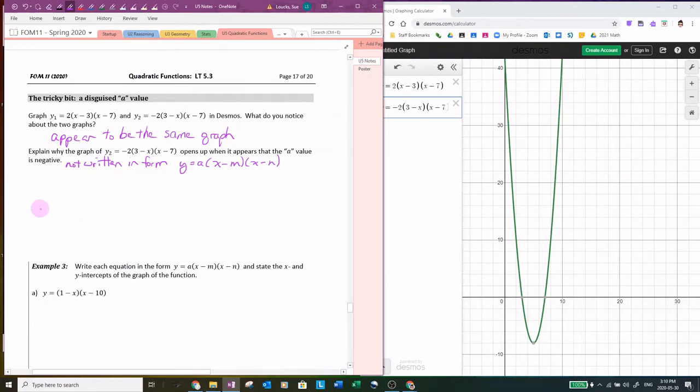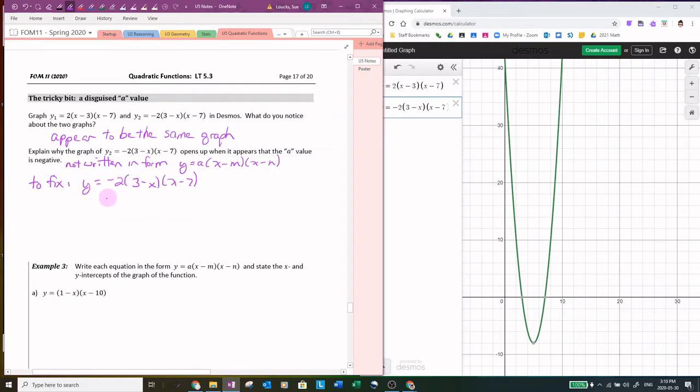So to fix this, just watch, don't write this down yet. What we have is y = -2(3 - x)(x - 7). I'm going to stick in a couple of negative ones.